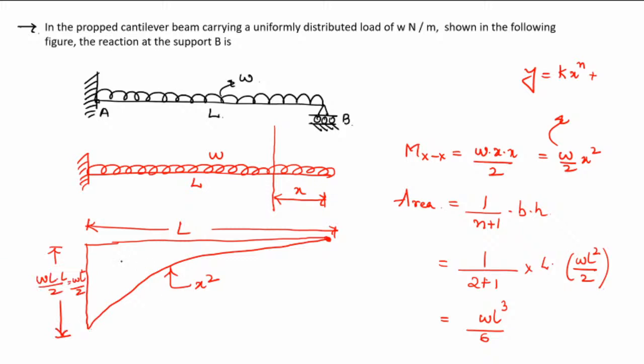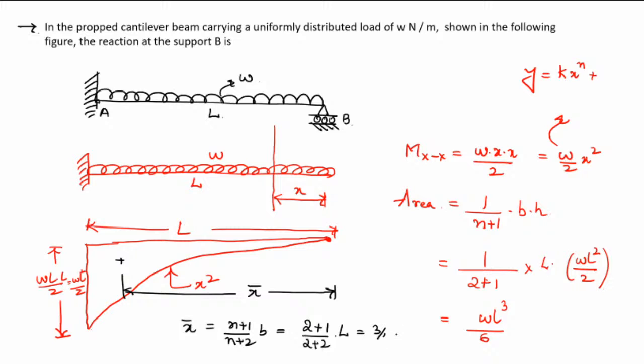Please do remember that. So here X bar will be equal to n plus 1 by n plus 2 times of base, which is equal to 2 plus 1 by 2 plus 2 times of base. Here it is L. So that is 3 by 4 times of L.